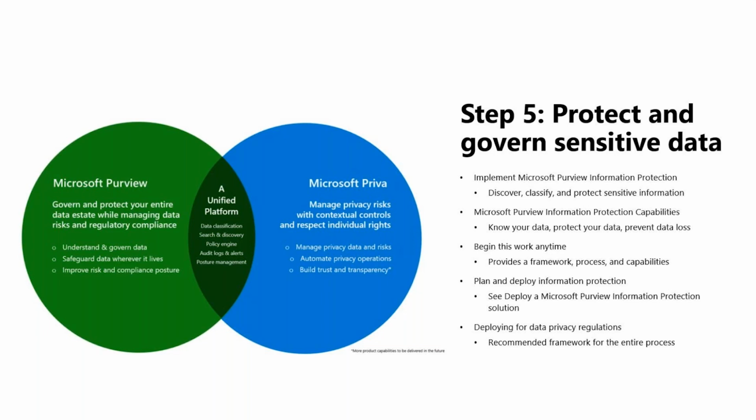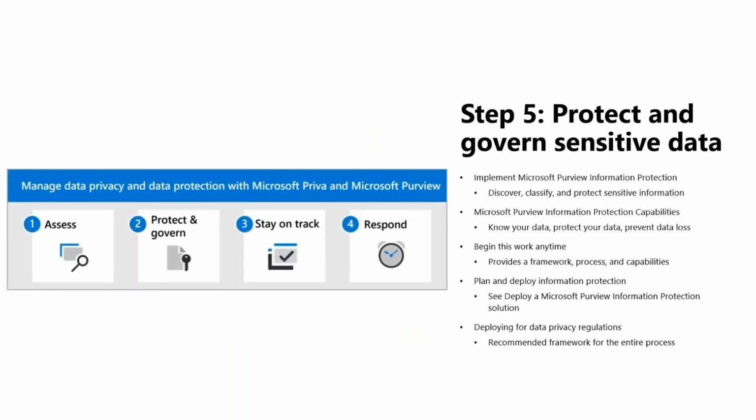There are a couple of products that we have, like Purview, Priva, and so on, for classification, for governance, and for protection, discovery of identity assets, and different things. But you should start with this in mind: assess, protect, and govern, stay on track, and respond.